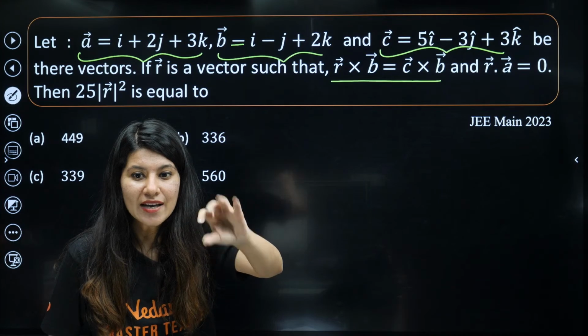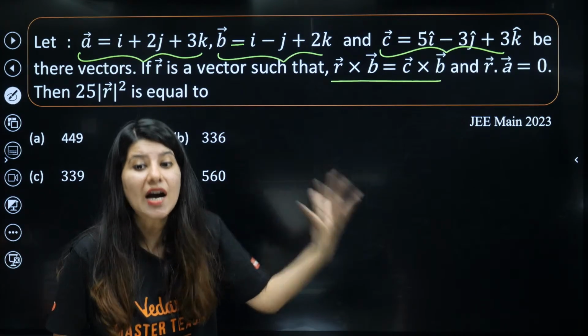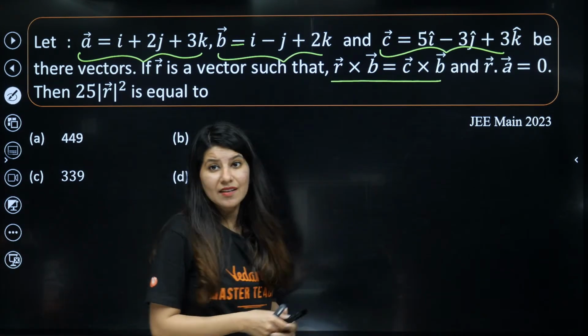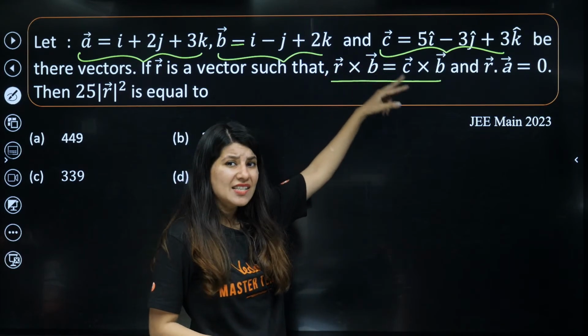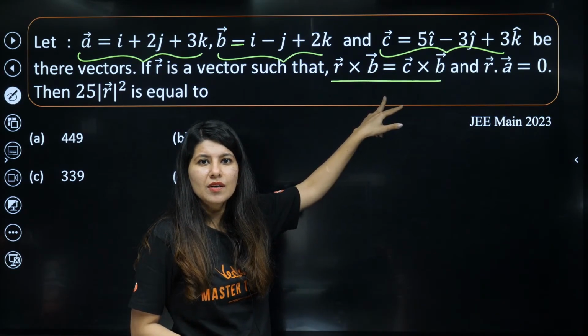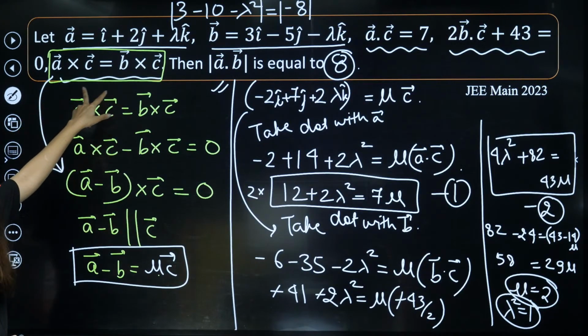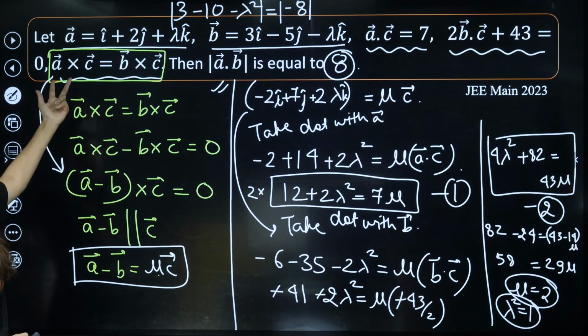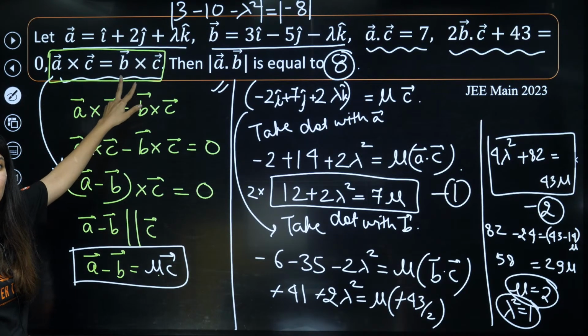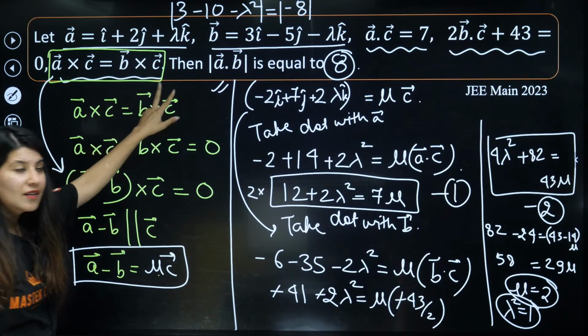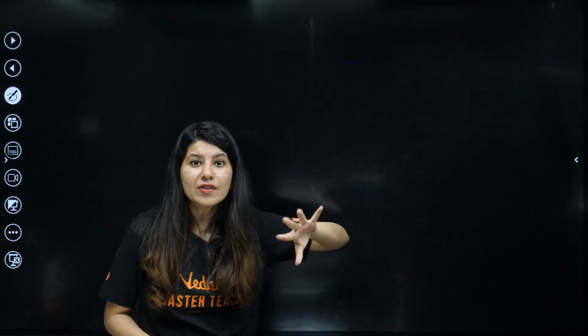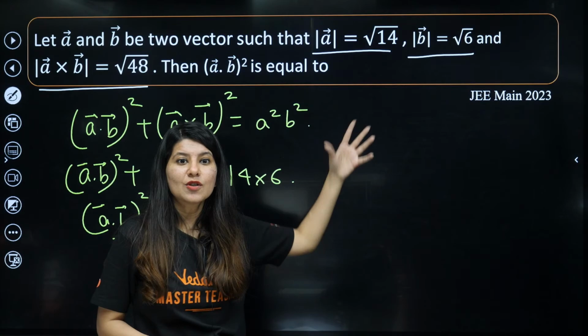Yanumala is asking me, ma'am, how to start the question. Don't you think this equation is familiar to you? The same equation I have shown you over here. Left hand side is the cross product of two vectors, right hand side is the cross product of two vectors. It's the same algorithm for these particular equations.